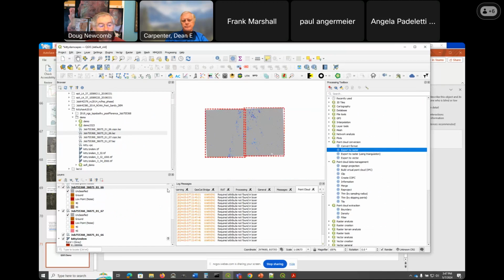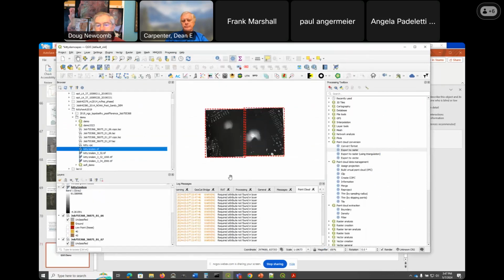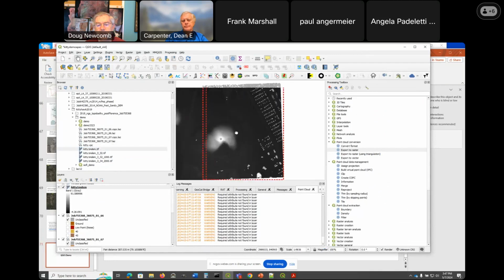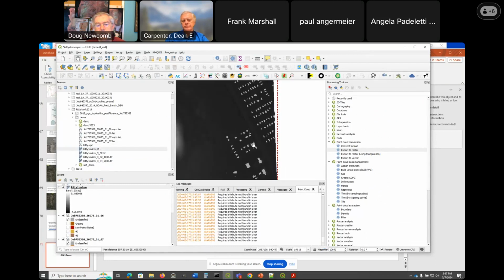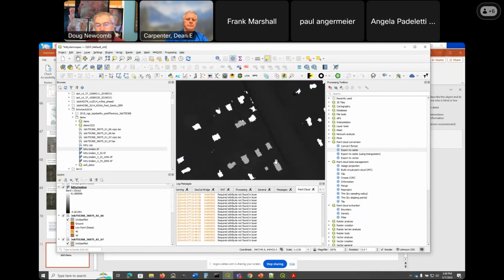But when you do it right, you can actually get a 1 meter DEM out of this, from the ground points. And you can see the gaps in the buildings there. The ground points are missing. They don't have ground points under the buildings.